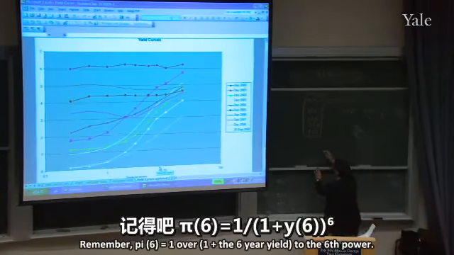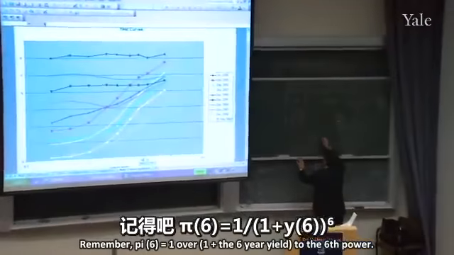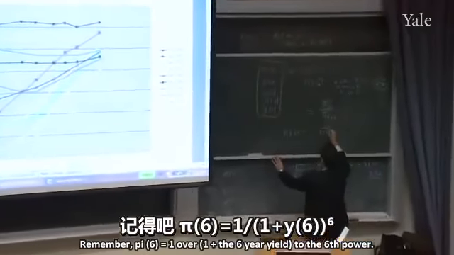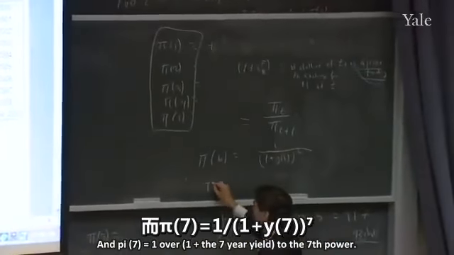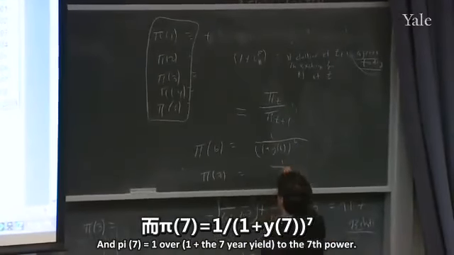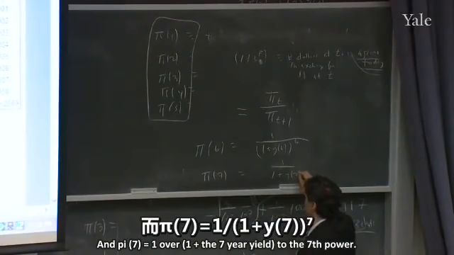Remember, pi 6 equals 1 over (1 plus the 6-year yield) to the 6th power, and pi 7 equals 1 over (1 plus the 7-year yield) to the 7th power.